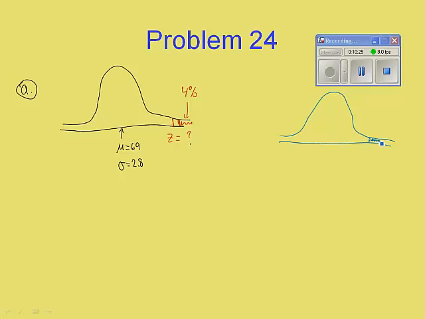And again, we want this to be 4% of the area, so that's 0.04 right there. That's my z-score. I'm sorry, I shouldn't have written z here. You know what I should have written here? X. That should be x, because this is the actual heights, where x, again, is the heights. This is z right here.